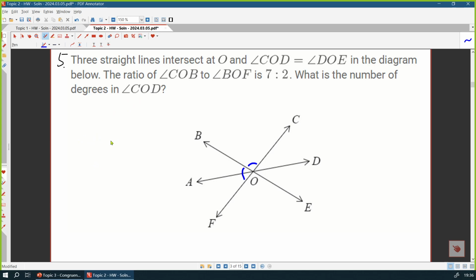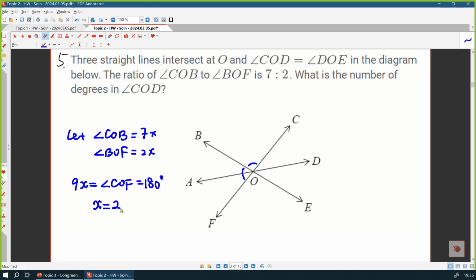So since the ratio of angle COB to angle BOF is 7 to 2, there is some x such that we can let angle COB equal 7x, right? And let angle BOF equal 2x. Then we have 9x equals angle COF, right? Which equals 180 degrees. Then this gives us x equals 20 degrees.